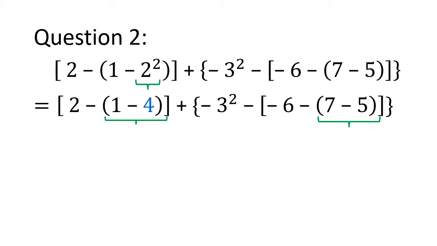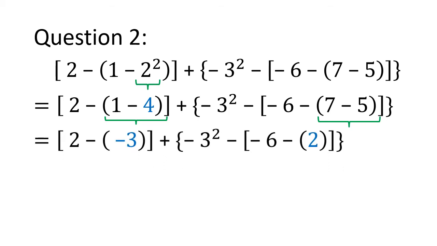Now we have bracket 2 minus parentheses negative 3 plus brace negative 3 squared minus bracket negative 6 minus parentheses 2. And there are subtractions inside the 2 brackets. So we need to do 2 minus parentheses negative 3, which is equal to 5, and negative 6 minus 2, which is equal to negative 8.